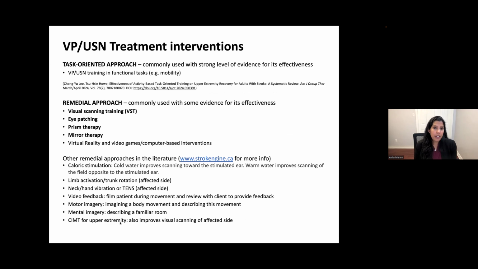Now, in terms of treatment approaches, like I had mentioned, there's task-oriented approaches where we're really practicing the functional or occupation-based task at hand.